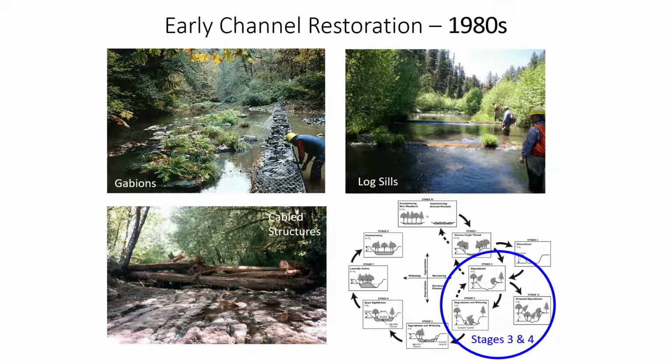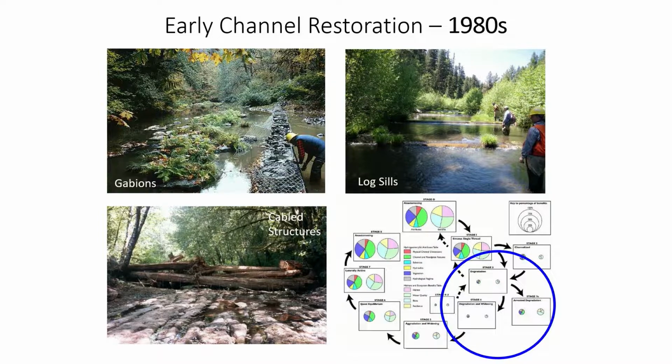So what we were doing is really holding these systems in stages 3 and 4, that arrested degradation, or I think what Colin referred to as the ugly part of the stream evolution model. And you can see the habitat associated with that.